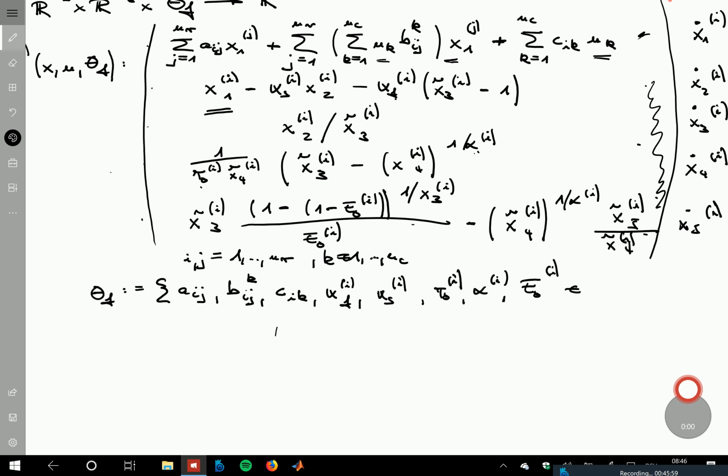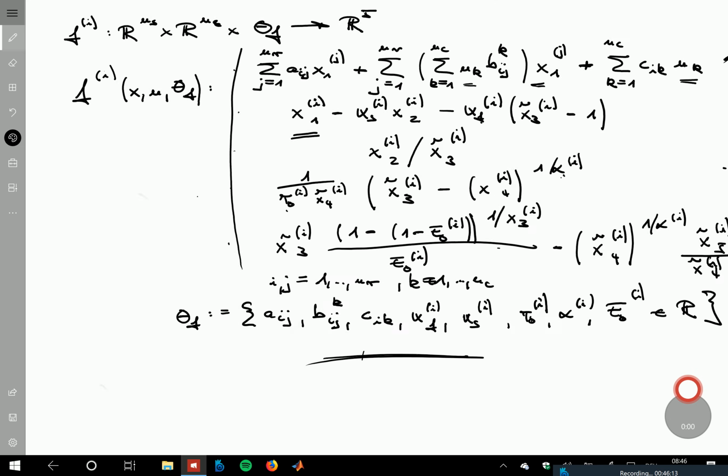And these are all real numbers. So we also now know what theta f is, at least in terms of its scope, the numbers that play a role. We don't know about the specific meanings of these yet, but we will get there.